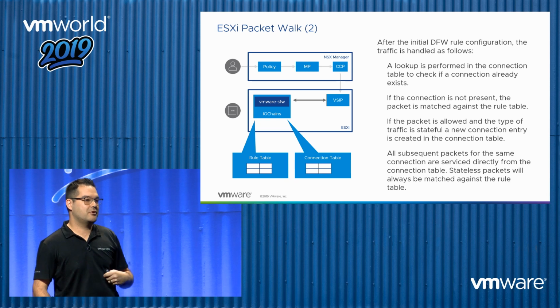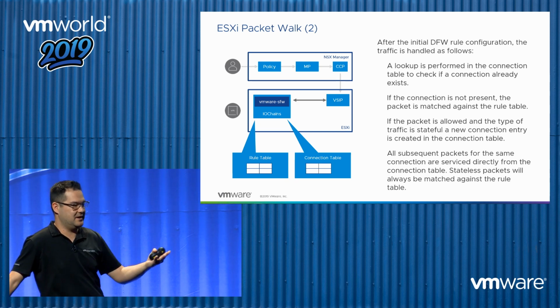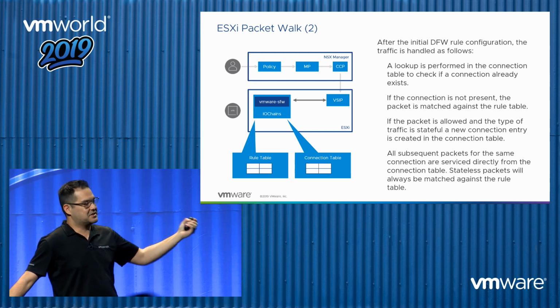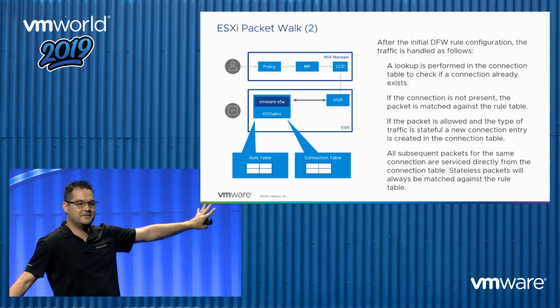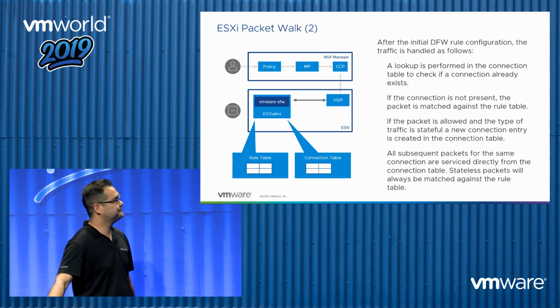So whatever rules are programmed on this particular filter or VNIC, it's going to traverse those in a top-down fashion. And obviously, if there's a match, it'll match. If it denies it, it denies it. This is traditional standard firewalling, except the scope of this is on every VNIC in the environment. And every VNIC has a copy of its own rule table and its own connection table. It's something to be mindful of.